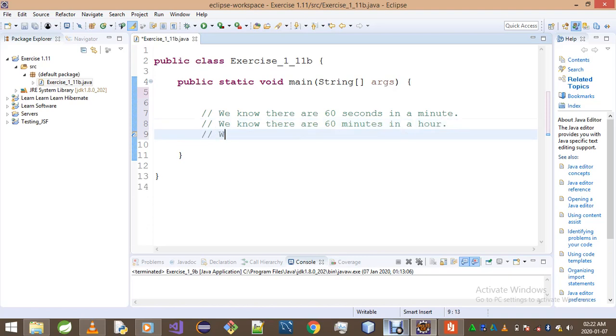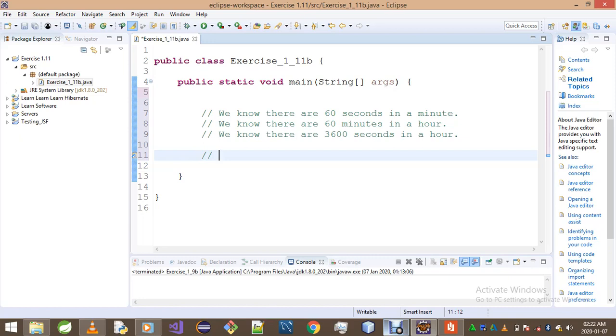We also know there are 3,600 seconds in an hour. Okay, what we want to do now is find the number of seconds in one day. We're going to do that using the following.